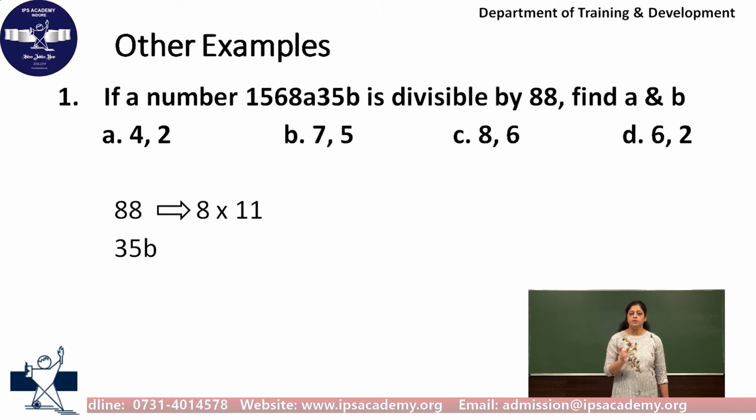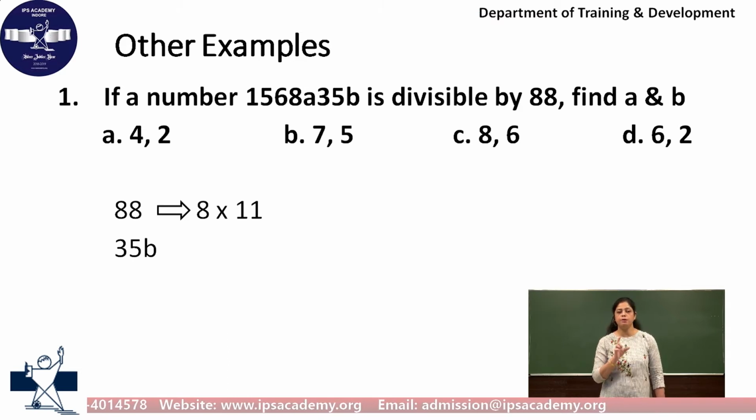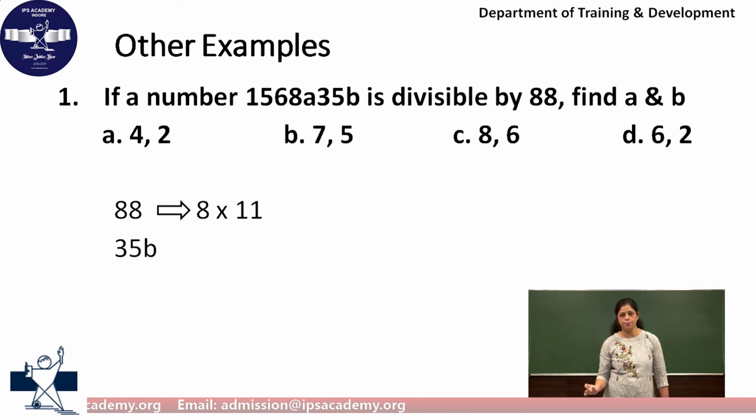And the number is divisible by 88, it is given, that means it is divisible by 8, and it is divisible by 11. Right? If the number is divisible by some number, then it is also divisible by the factors of the number. ठीक है? Now 35b, this number is divisible by 8.